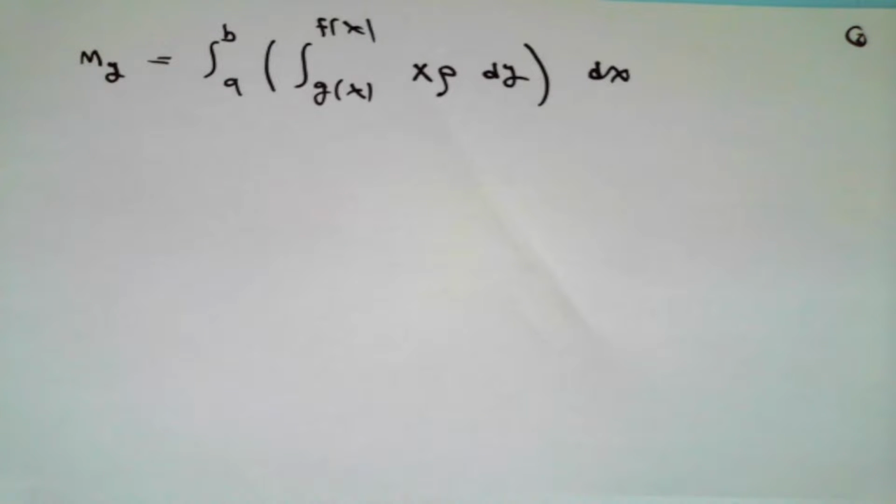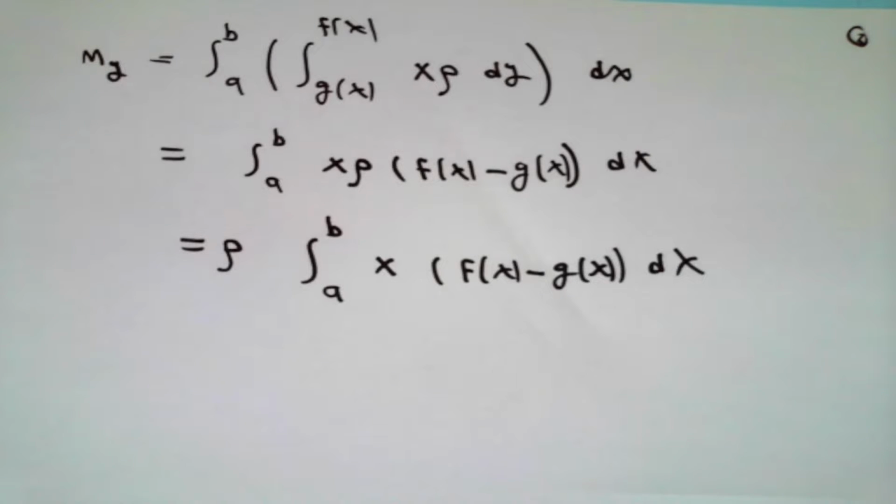I have to evaluate that at y equal g of x and y equal f of x, and subtract. In the case of constant mass density, the moment about the y-axis is the mass density times the integral from a to b of x, and the remaining factors are what compose the area between the two curves.